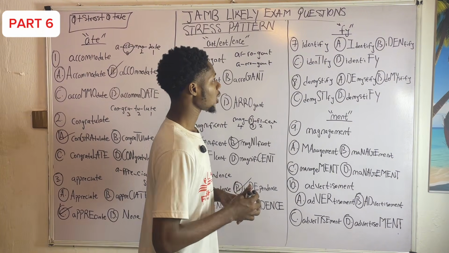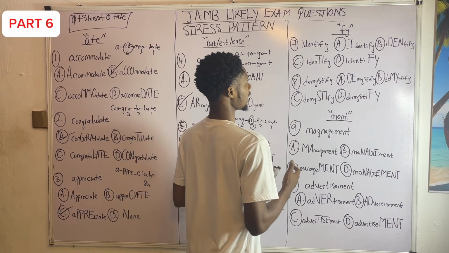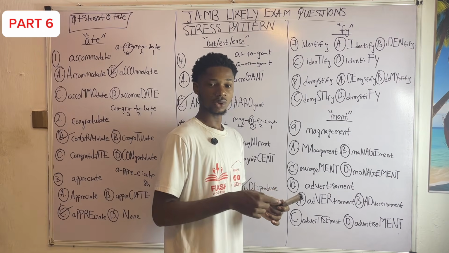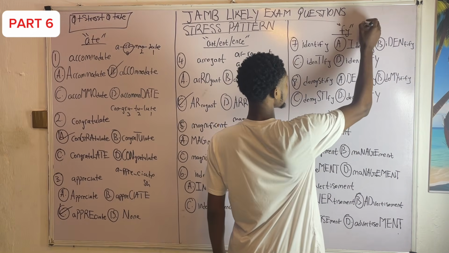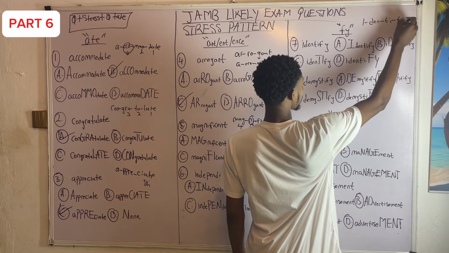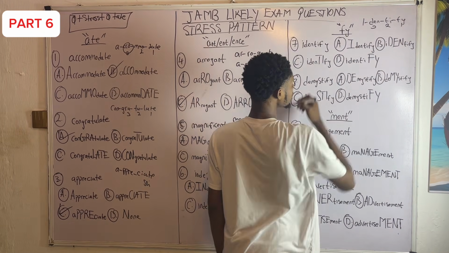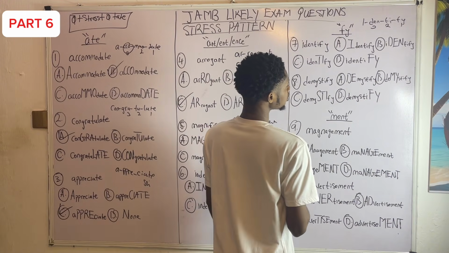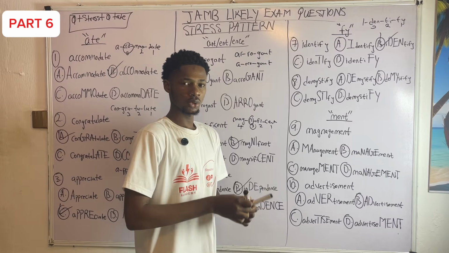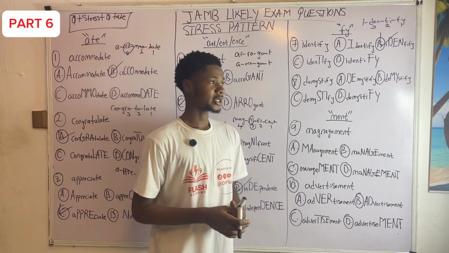Now, how do you stress words ending with fy? Like I said, we place the stress on the third syllable from the last. So for identify, we have i, den, ti, fy. We have 1, 2, 3. So DEN will be stressed according to the rule, and that is option B. No need to even go through the other options since we already know the answer, so you don't waste time in the JAMB examination hall.